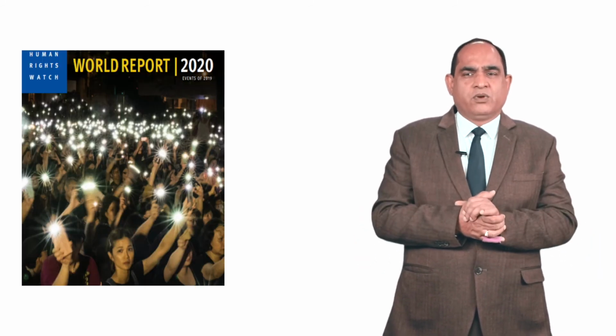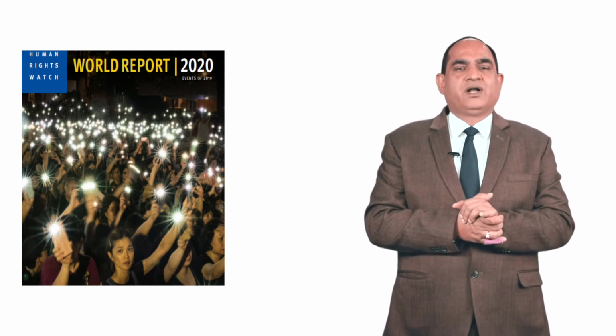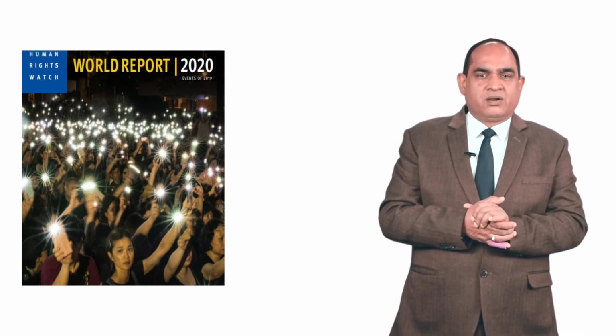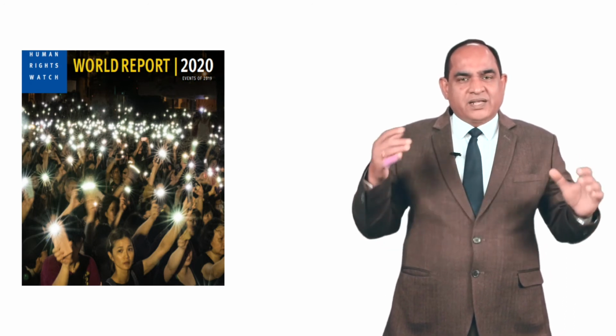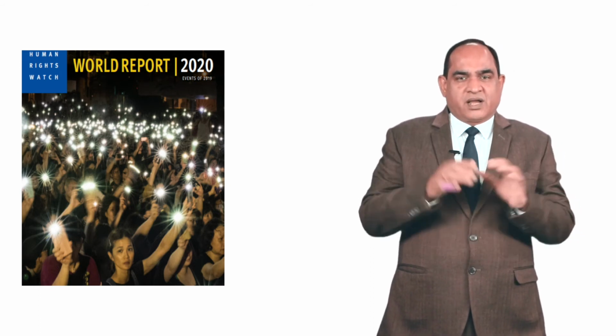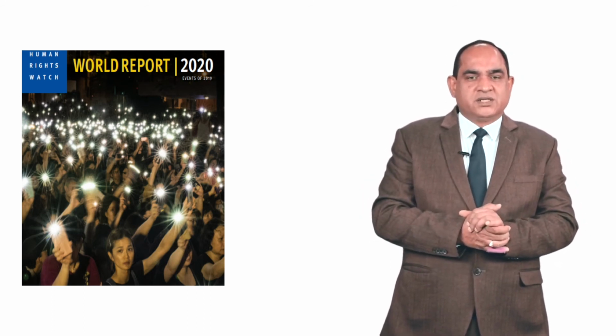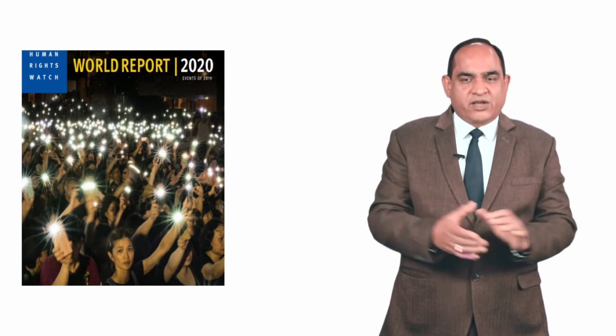Every year, it brings out more than 100 reports focusing again on more than 100 countries of the world, and these reports are solid reports based on in-depth research at the ground level, after collecting facts, after painstaking documentation, and these reports contain recommendations to national authorities, intergovernmental organizations, United Nations, and other stakeholders.